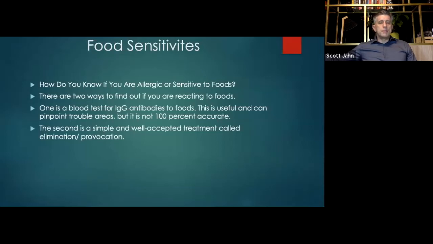Then after about 5 days of doing that, you introduce one food every 3 days, because you can get a reaction a good 3 days after you've eaten a food you have a sensitivity to. So you introduce a food once every 3 days, keep a diary, and see if any of your symptoms come back. If they do, it's a good idea to stay away from that food, at least for the time being, until you can fully repair your gut.